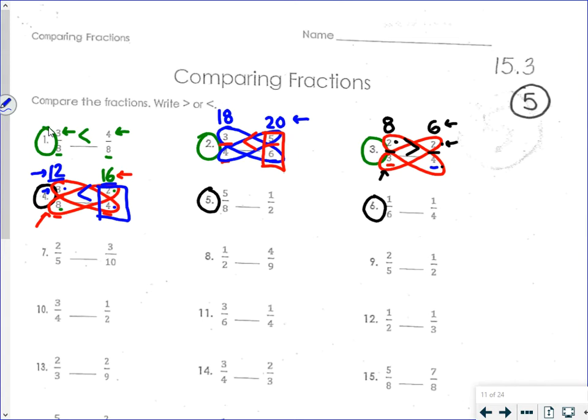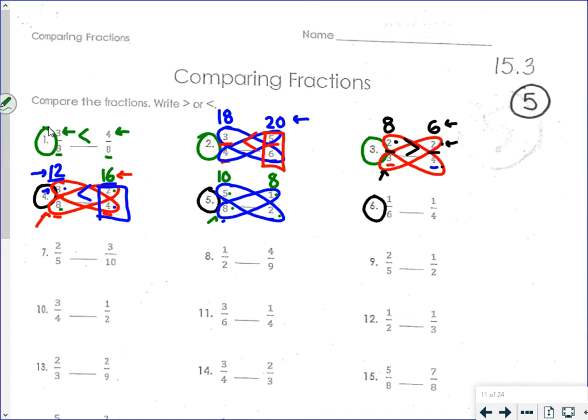Next one, check the denominators. They're different. Okay, so that means I got to do my butterfly trick. So start with 8 times 1. That gives us 8. Now 5 times 2 gives us 10. Okay.